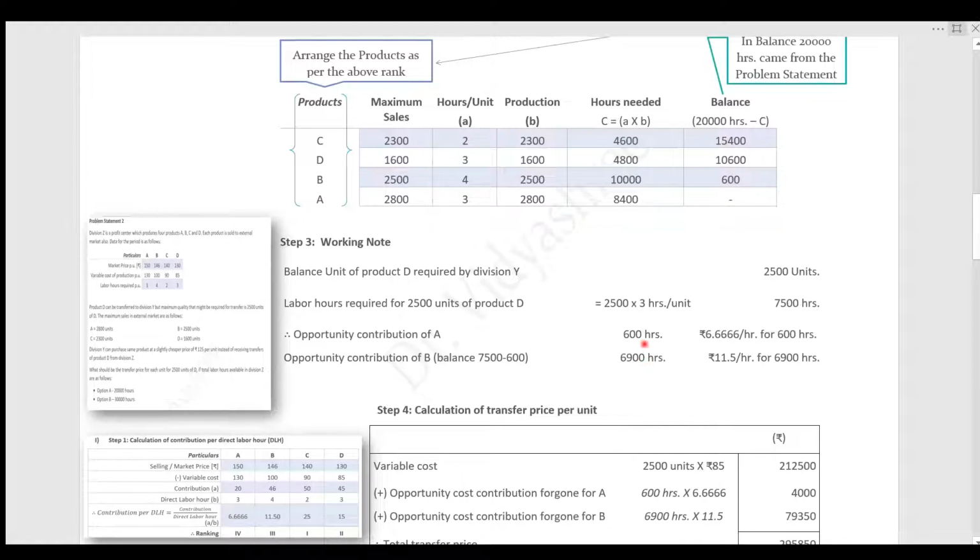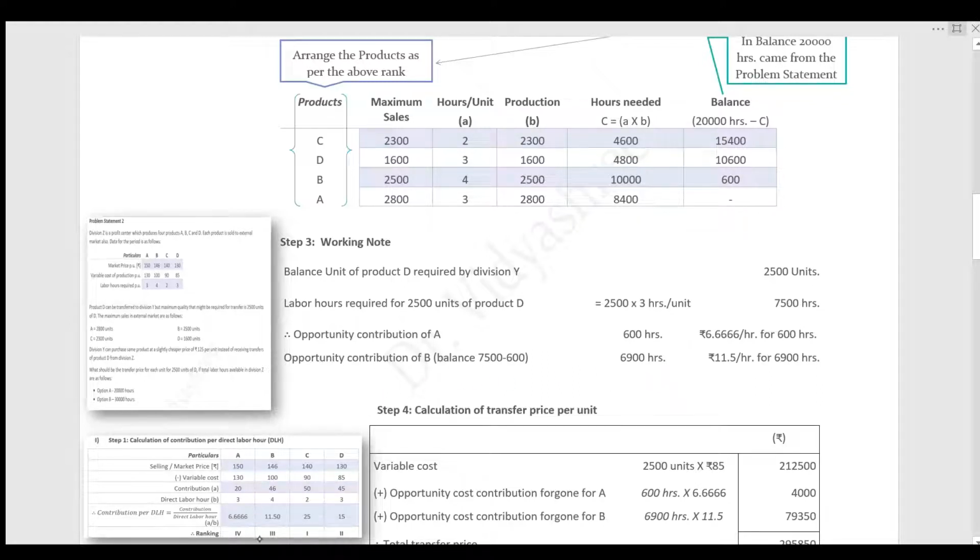So you can take as opportunity contribution of A, that is 600 hours. 600 hours you are borrowing from A. Okay, but how much do we need? We need 7,500. Of the 7,500, we first borrowed from product A 600 hours. The remaining 6,900, that is 7,500 minus 600, 6,900, we are going to borrow from the next ranking.